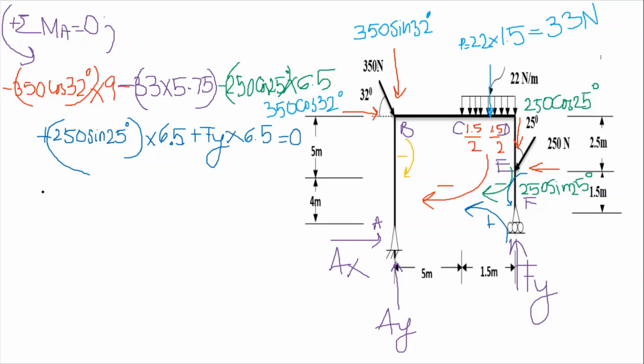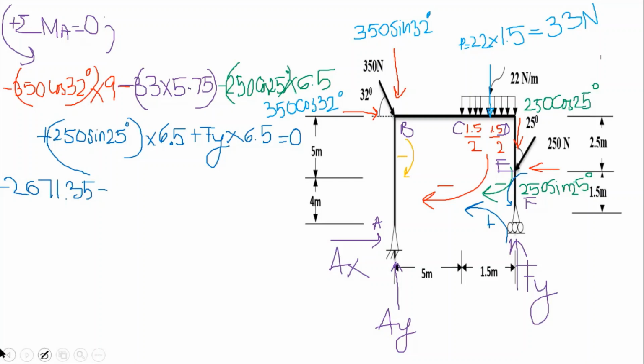So what is coming out? Let's check it. Minus 350 into cos of 32 degree multiplied by 9. It is coming out to be minus 2671.35, minus 33 multiplied by 5.75.